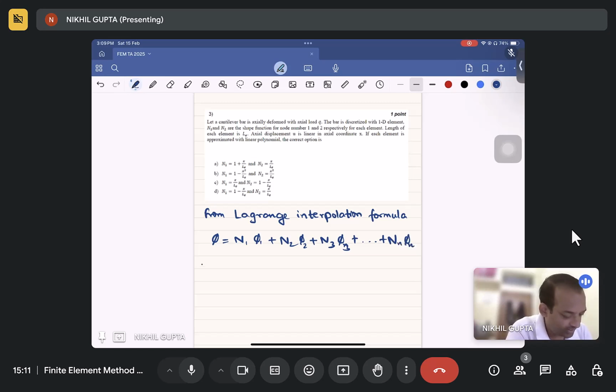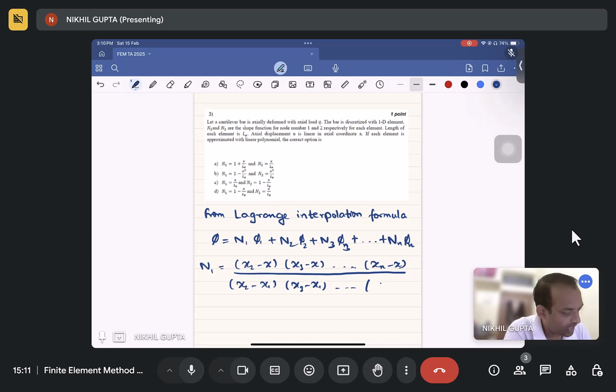So finding N1, we have the formula as (x2 minus x)(x3 minus x) and so on till (xn minus x), divided by (x2 minus x1)(x3 minus x1) up to (xn minus x1).